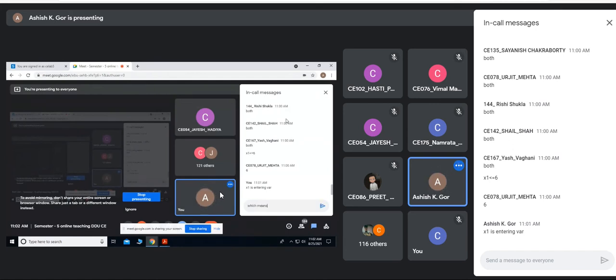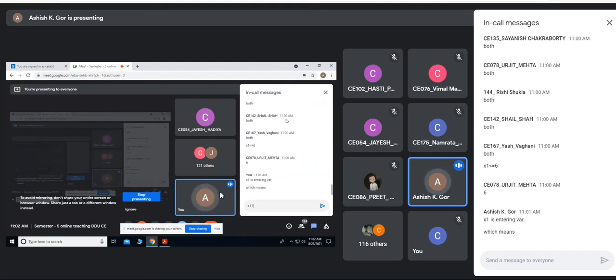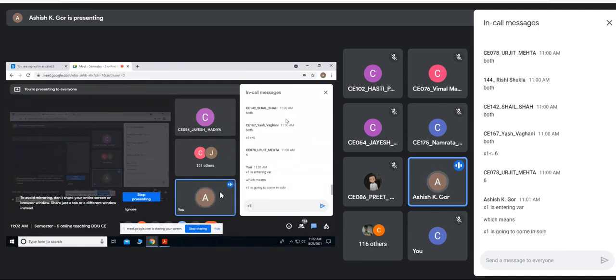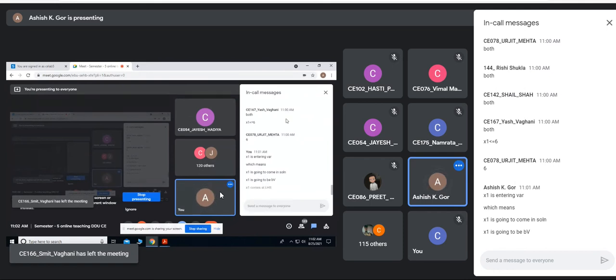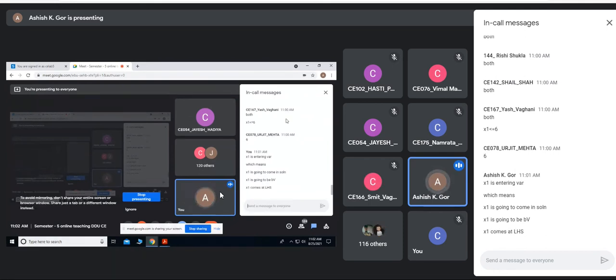It means x1 is going to come in the solution, which also means that x1 is going to be basic, which also means that x1 comes on the left hand side of the equation. These are the interpretations. x1 is going to enter the solution, which means it is going to be basic, which means we are solving for x1, which means it comes on the left hand side of the equation.